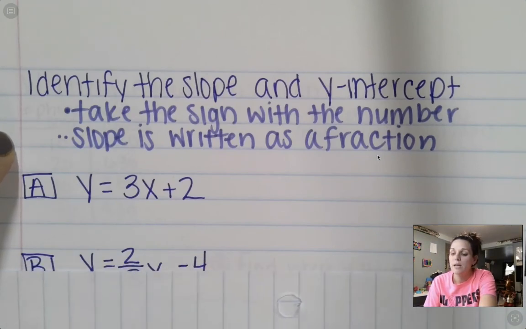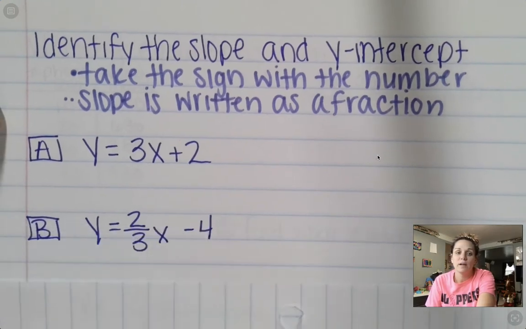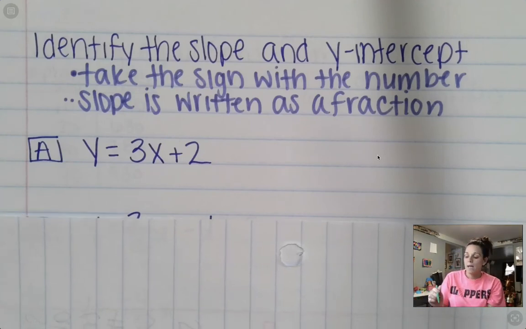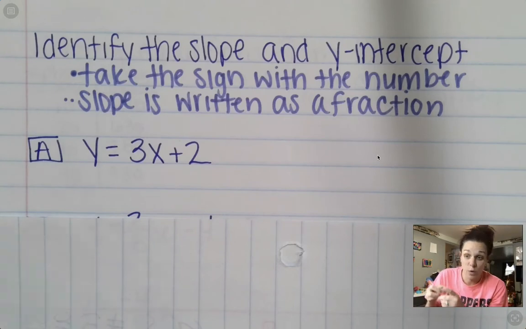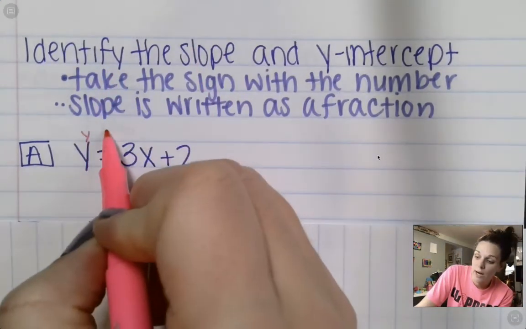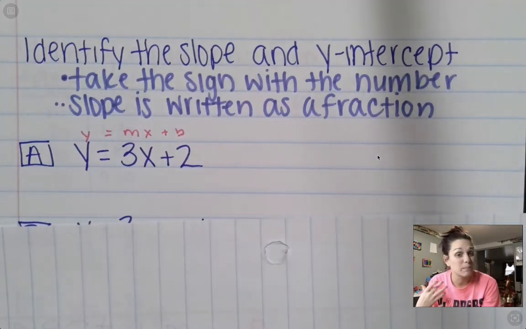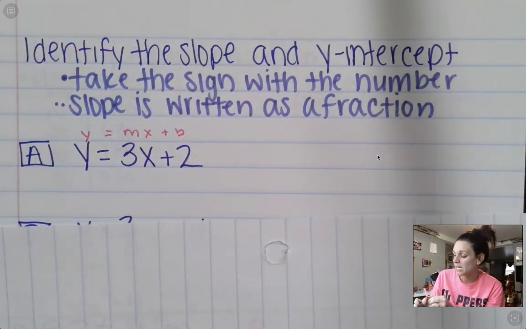All right, so we have this problem here, y equals 3x plus 2, okay? Now, if I wanted to, I can write the slope-intercept form right on top of it. I could write y equals mx plus b. Some of you might need to do that so you can visually see what number stands for what letter.